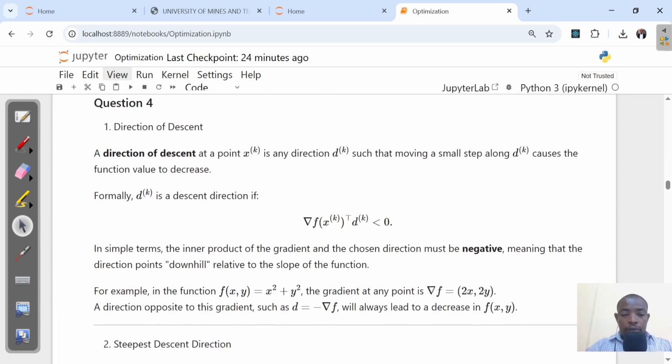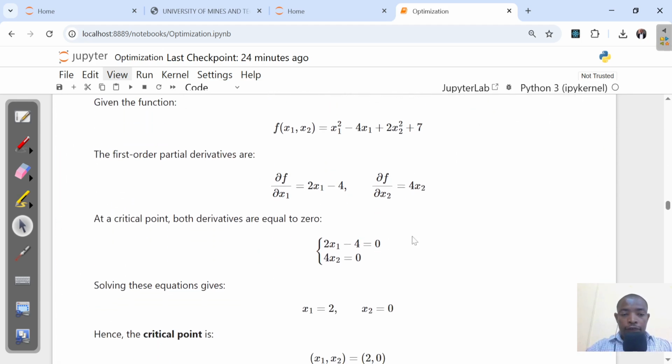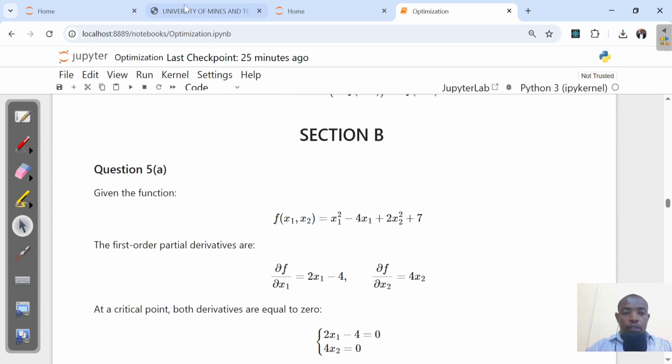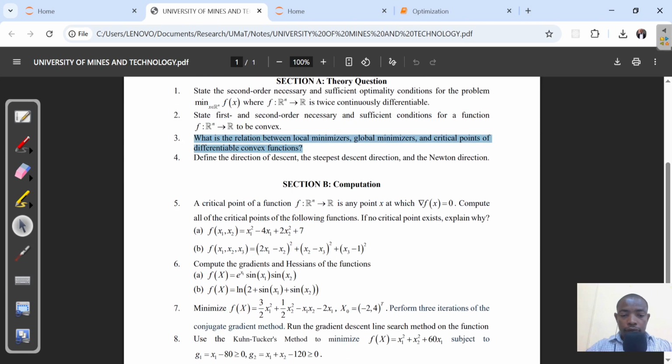Then with question 5, question 5a, for instance, we have to compute all the critical points of the function, and if no critical point exists, we should state that.